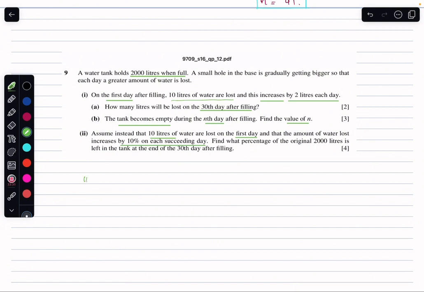Therefore, for part 2, my a value is 10, and for the common ratio, T2 is 110, and my T1 in terms of percentage is 100.